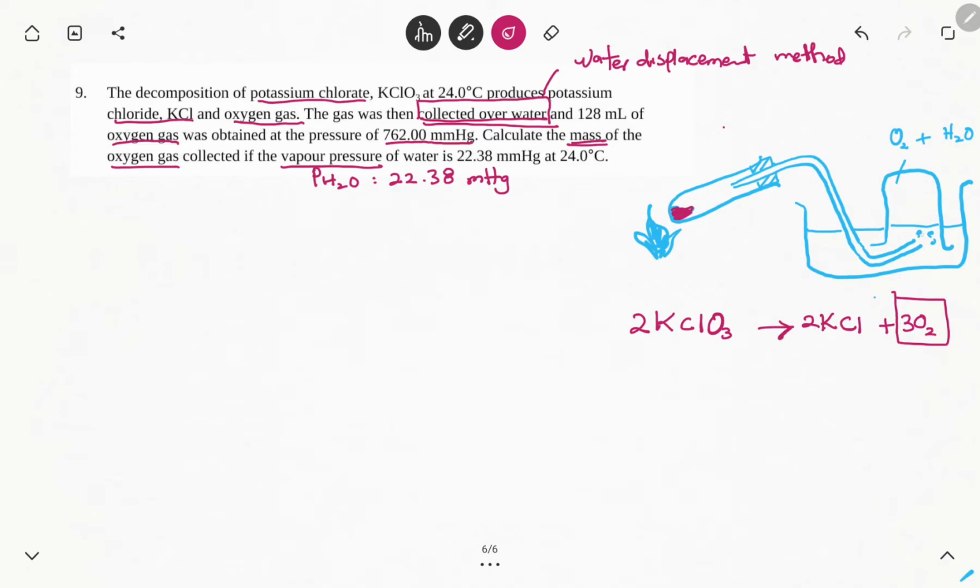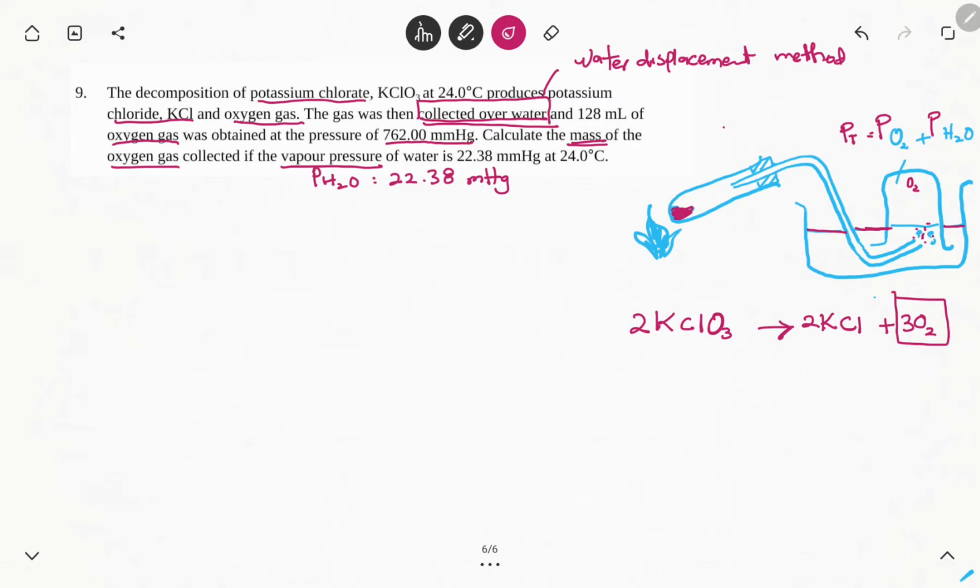So the oxygen gas will be produced here, and we have H2O in this beaker. The pressure measured here is the P total, which is the sum of the partial pressure of oxygen gas and also the partial pressure of H2O.